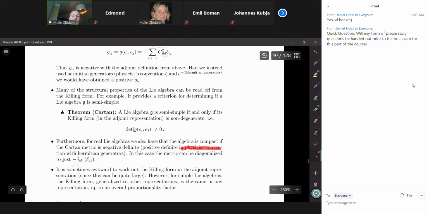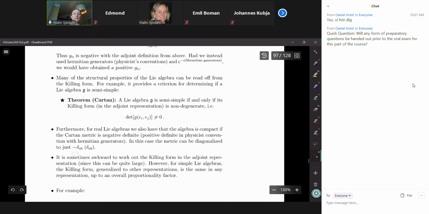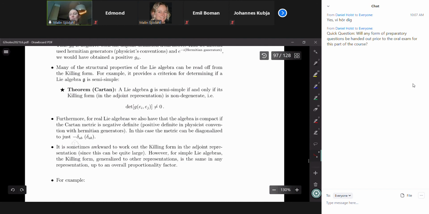So for the physicist convention, we saw that for SU(3) we had the trace of lambda_A lambda_B essentially being delta_AB, with a factor of 2 there. The factors of 2 that you see here and there, the normalizations, are all conventions, so don't worry so much about them.